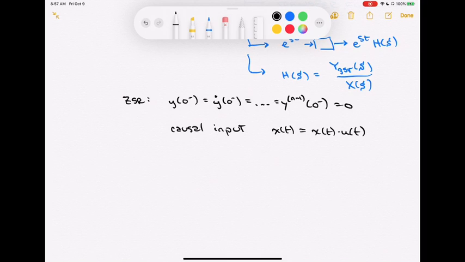And what this tells us as well is that x at 0, just a little to the left, that's that 0 minus. It's just a hair before 0. You can read the book about the technical details of this distinction. I think at this point it's not something that we have to get too hung up on. But that's going to be x-dot at 0, and going on as many as you want, all of those are going to be 0 as well because the input was causal. What does that tell me?